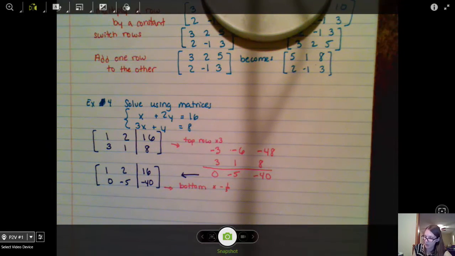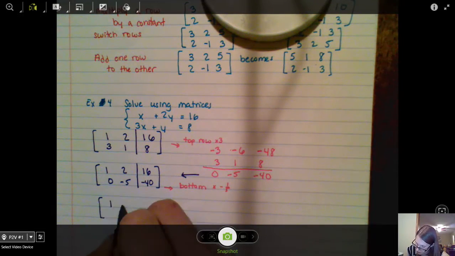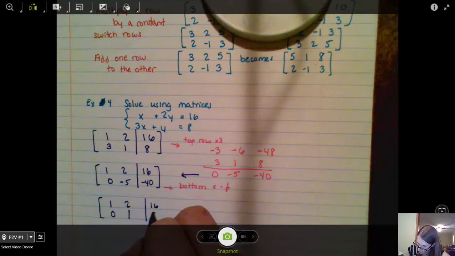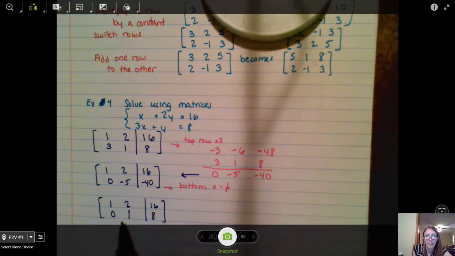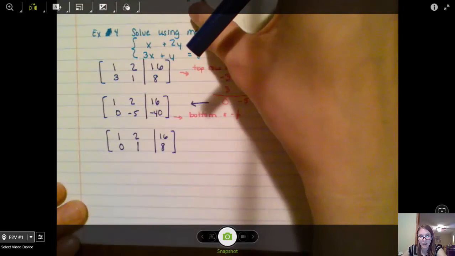All right, and if I take my bottom row times -1/5, my top row hasn't changed. Okay, we're getting closer. We have ones diagonally here. We have a 0 on the bottom left. Okay, that's not too bad.